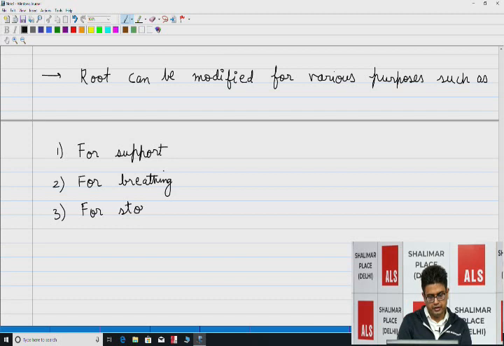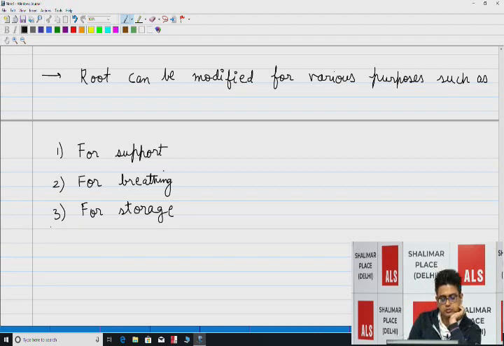Storage roots are of great variety that we'll have to discuss, okay? All right, so let's do that. First of all, please write: for support.